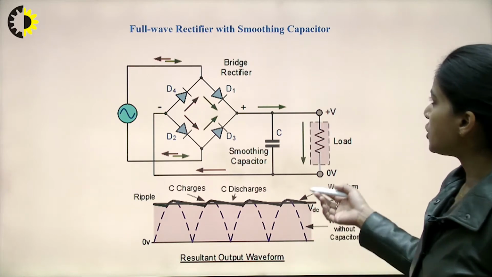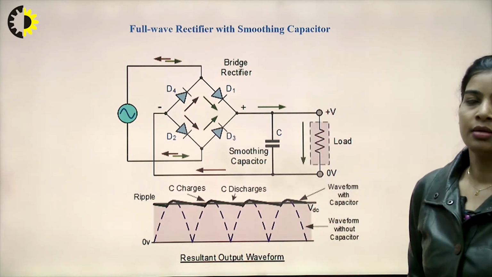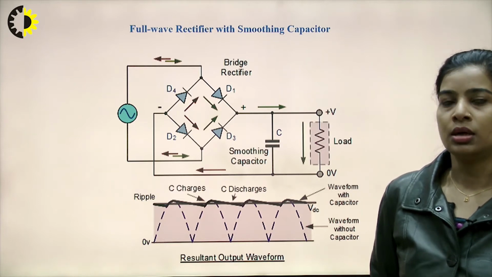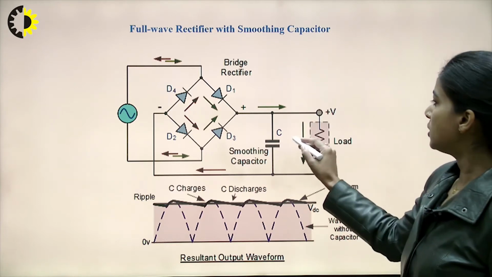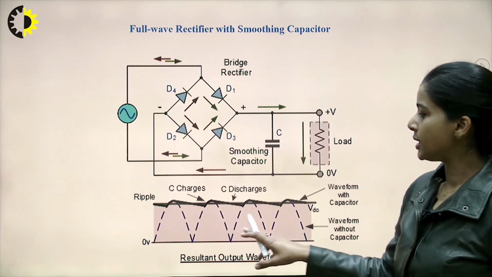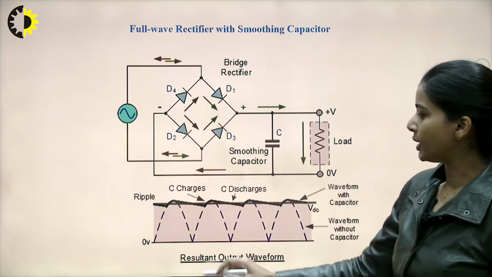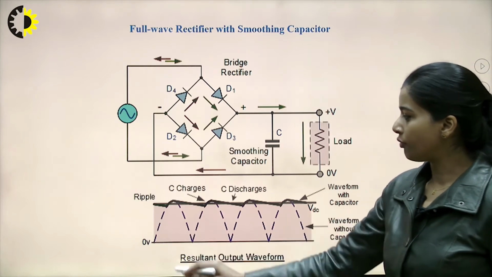This circuit is showing the full wave bridge rectifier with the smoothing capacitor. This capacitor is used to filter out the AC components appearing in the output of the full wave rectifier. This is the output of the full wave rectifier.